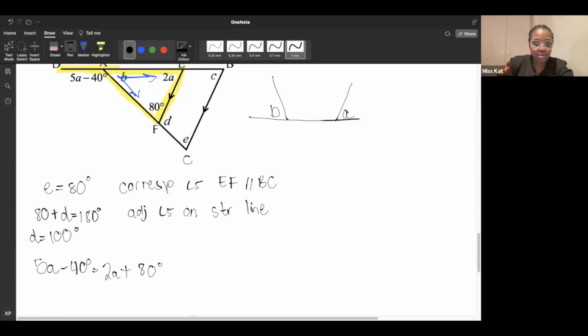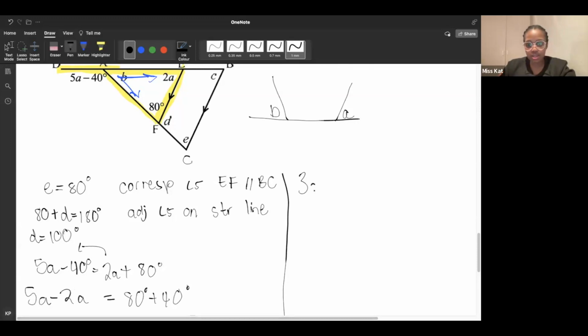Nice. So let's solve for A. Ma'am, we're going to collect our like terms. So we're going to say 5A minus 2A equals negative 40, then 80 plus 40. Okay, now what's 5A minus 2A? 5A minus 2A is 3A. 3A equals 120.